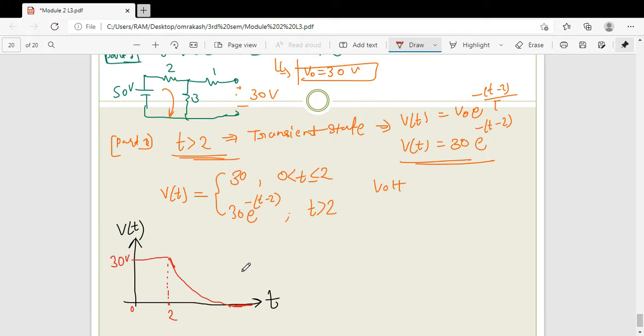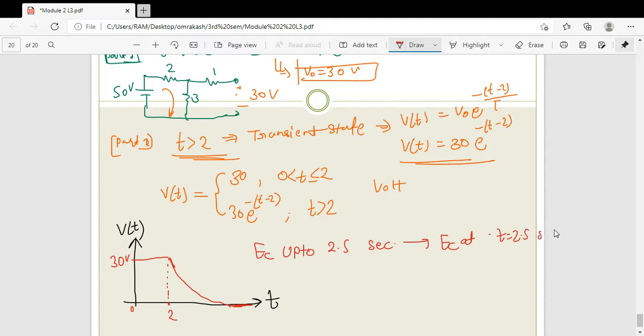Now observe that you have to calculate the energy stored up to 2.5 seconds. So you have to calculate up to 2.5 seconds. So here EC up to 2.5 seconds, you have to calculate it. What is EC at t equal to 2.5 second?